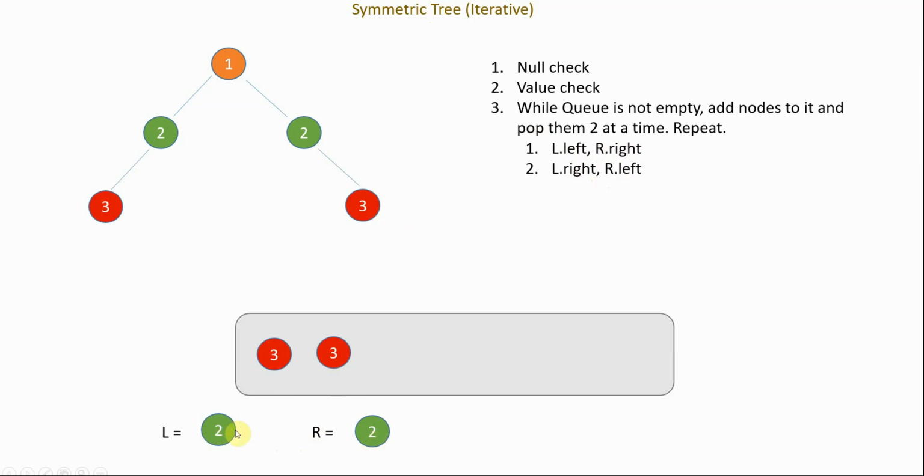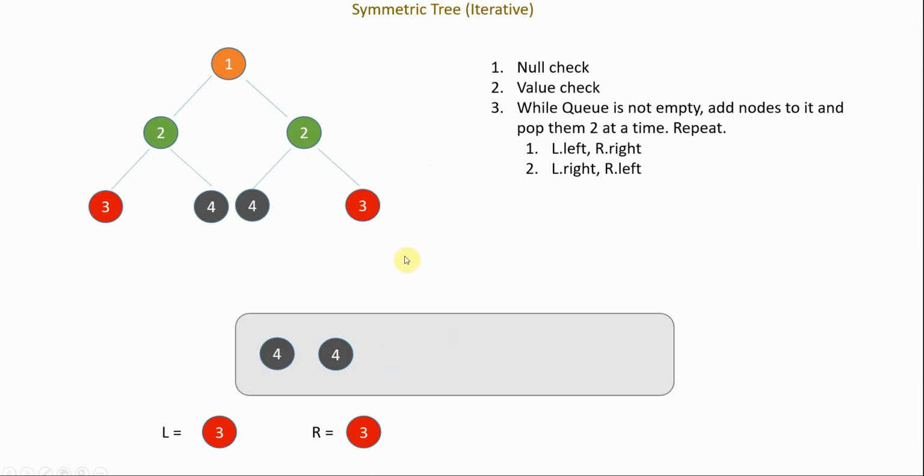Since they're same, what we do is we take the left node, right node, we add it to the queue. Then we also take the left.right and right.left nodes and add it to the queue. Then we pop the first two nodes. One becomes L, second becomes R.